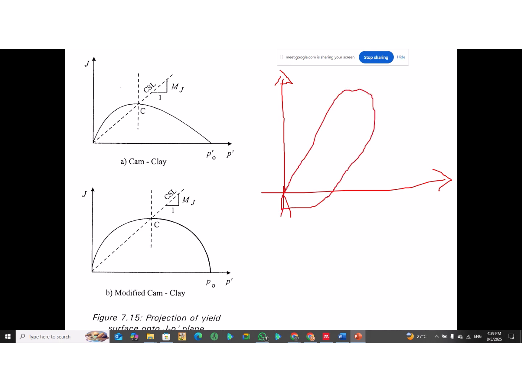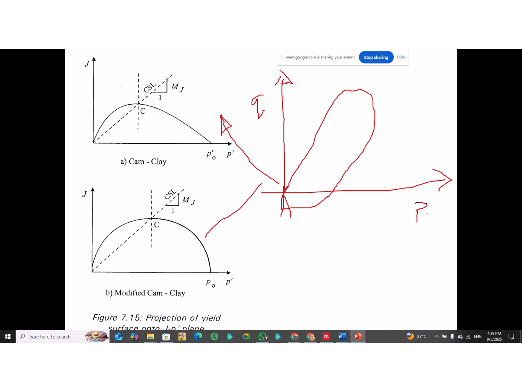If you have to draw in a PQ surface, so this is Q, this is P, it's always thought is an oval shape. So this was the best attempt to describe that oval shape, but people realized that it differs significantly from what is observed.